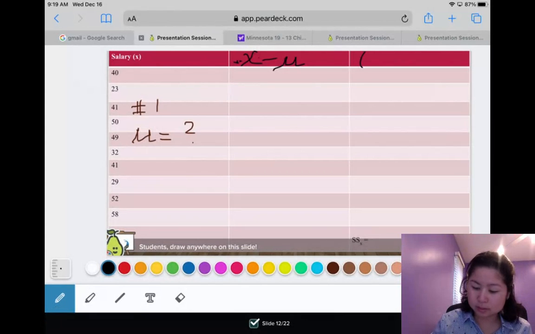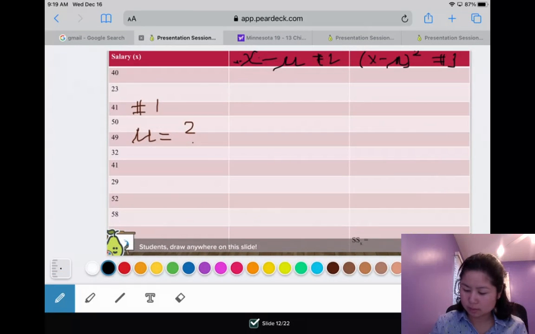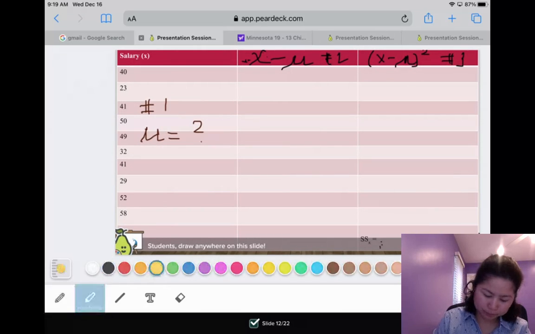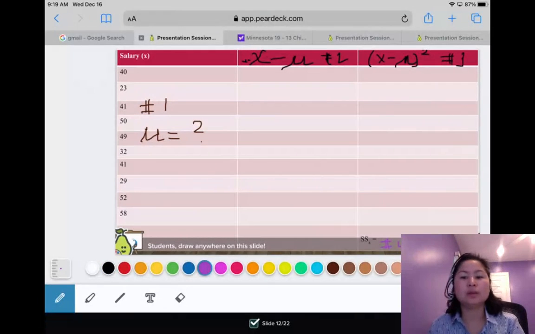This is step number 2. The third column is step number 3. The total on the bottom is step number 4. And then you can do step 5 and 6.